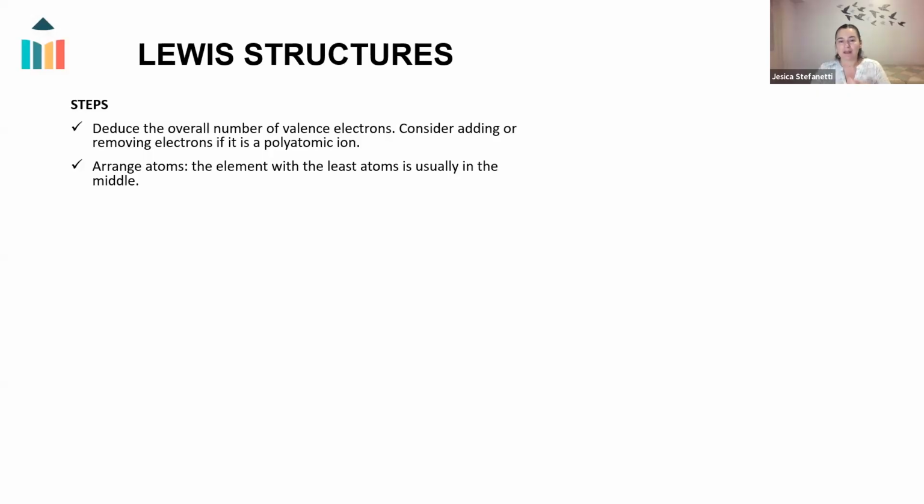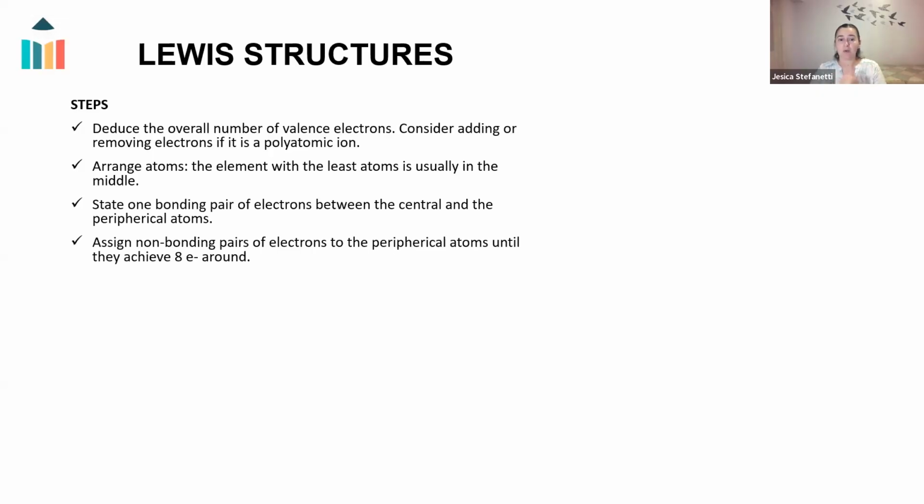Usually the one that is not repeated will be the central atom in the whole structure. We need to state bonding pairs of electrons between the central atom and the ones that are around. We will call those the peripheral atoms, and then we will assign non-bonding pairs to the peripheral ones so that they can reach the octet rule.